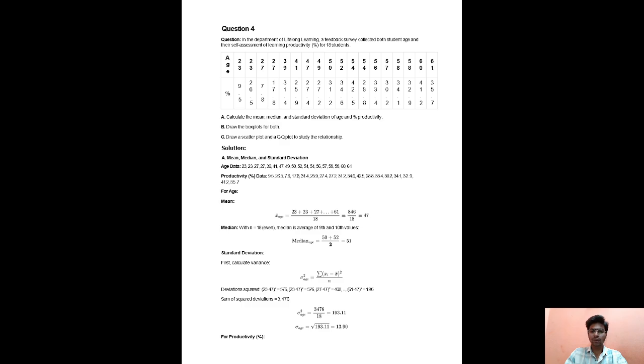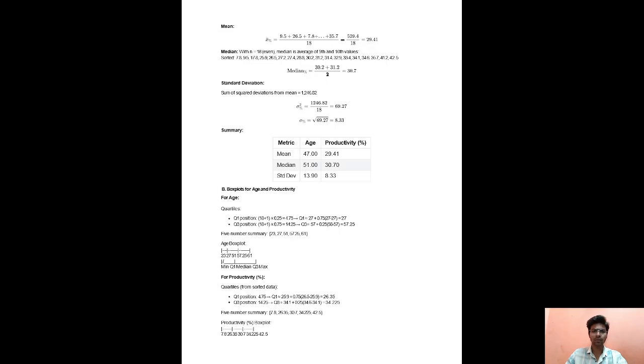The mean of age is 47 and the median is 51, and the standard deviation is 13.90. For productivity, the mean is 29.41, the median is 30.7, and the standard deviation is 69.27 percentile 8.33.